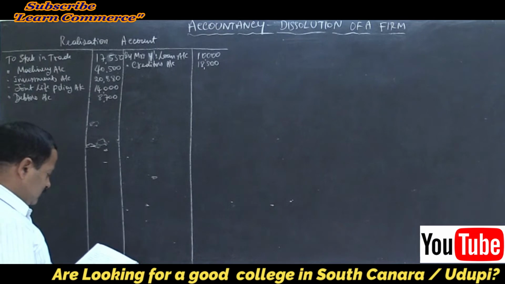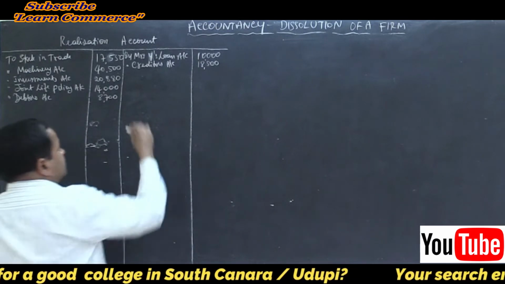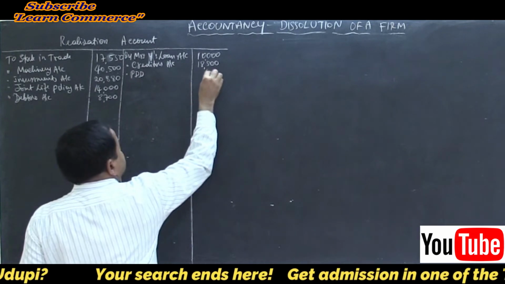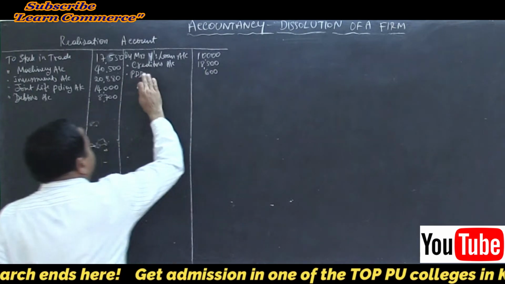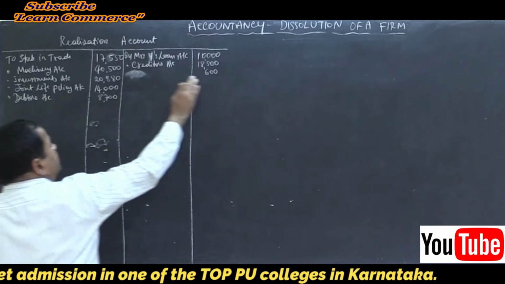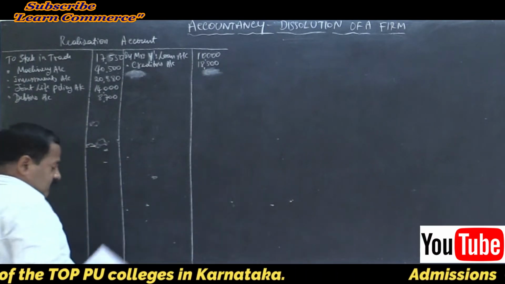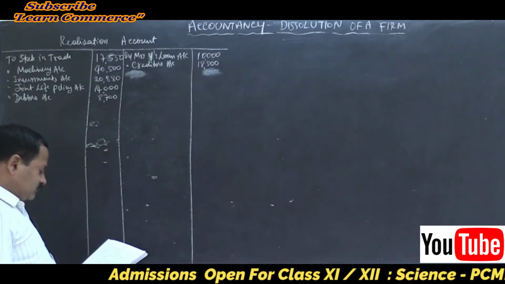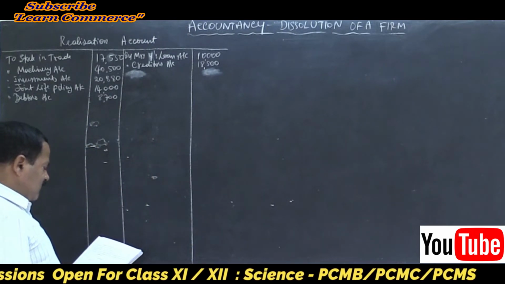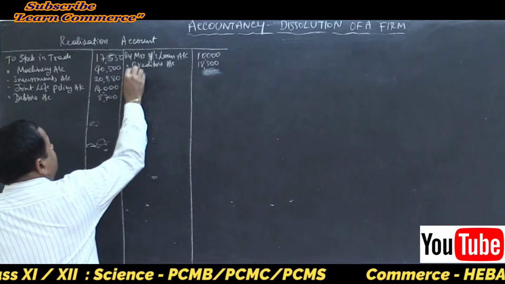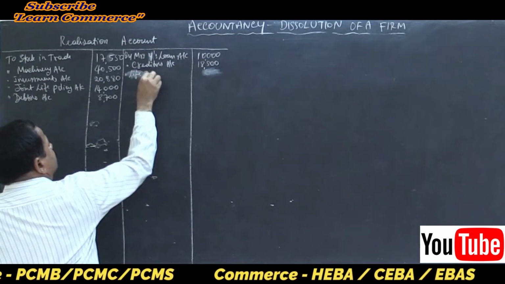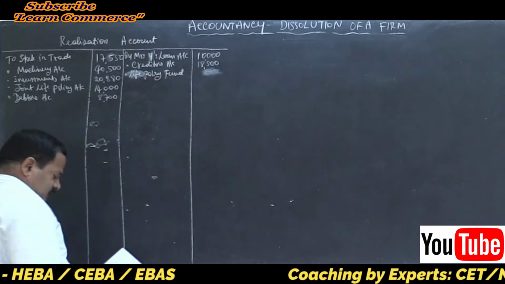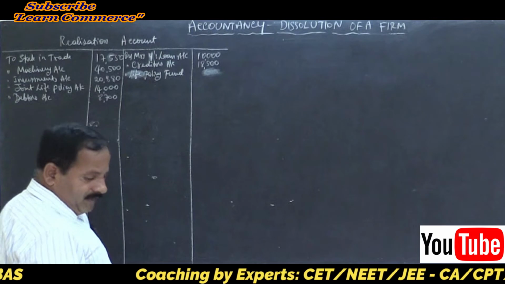Then comes provision for bad debts 600 by PDD. PDD is not there, I'm sorry. Not given, right? If you refer to the problem, there is no PDD. By life policy fund. How much is it? 14,000.